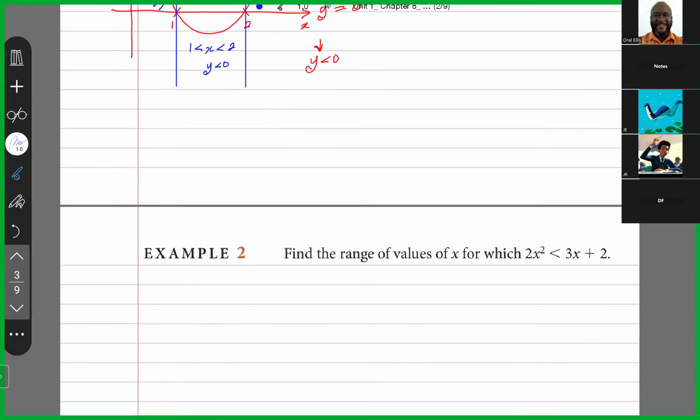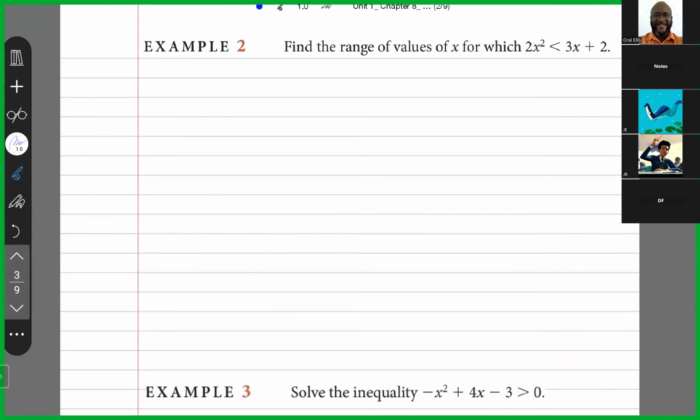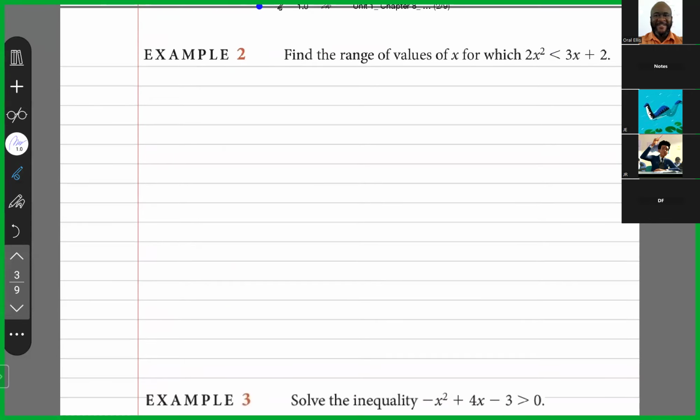All right, let's have a look at example 2. Find the range of values of x for which 2x squared is less than 3x plus 2.